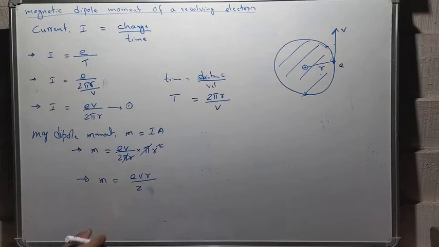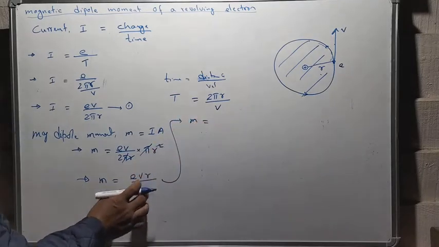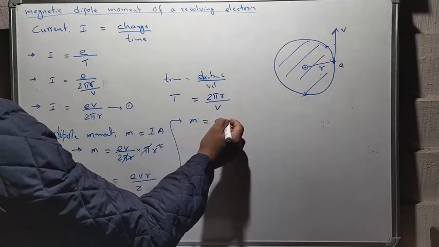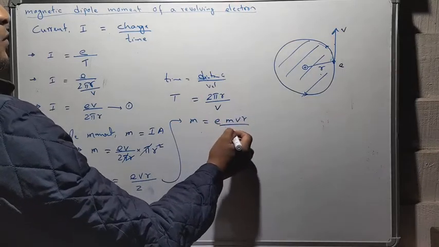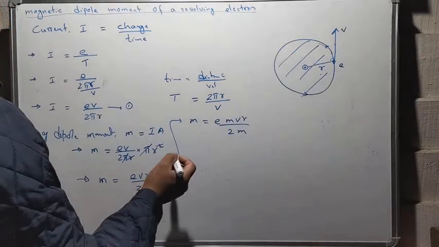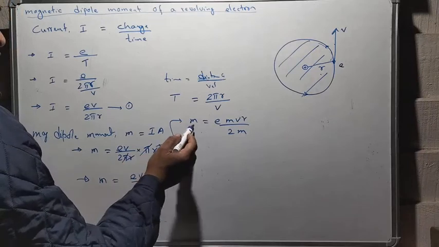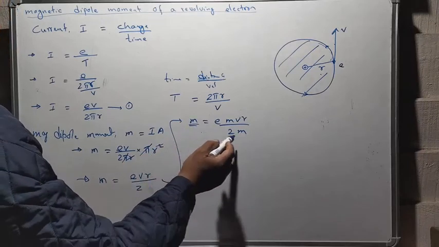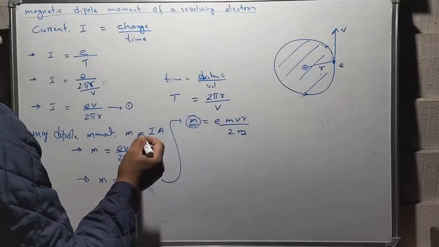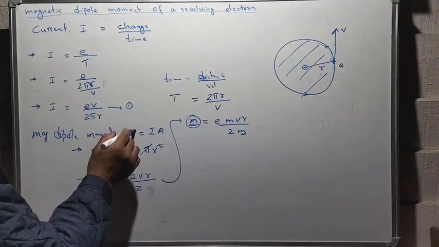Now if you multiply and divide the right hand side by small m, where m is the mass of the electron, then to avoid confusion, since we have m on both left and right sides, let me denote the magnetic dipole moment by mu.